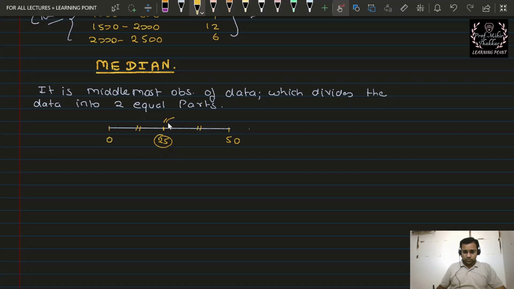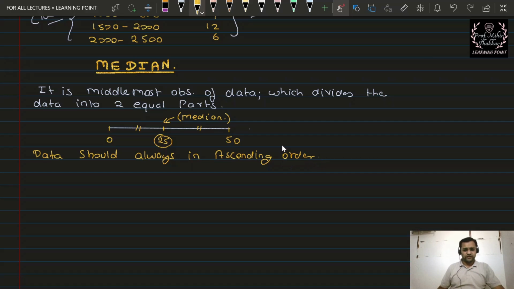So this value can be called the median. So whenever you talk about the median, the first and the most important thing that we need to remember is that data should always be in the ascending order.